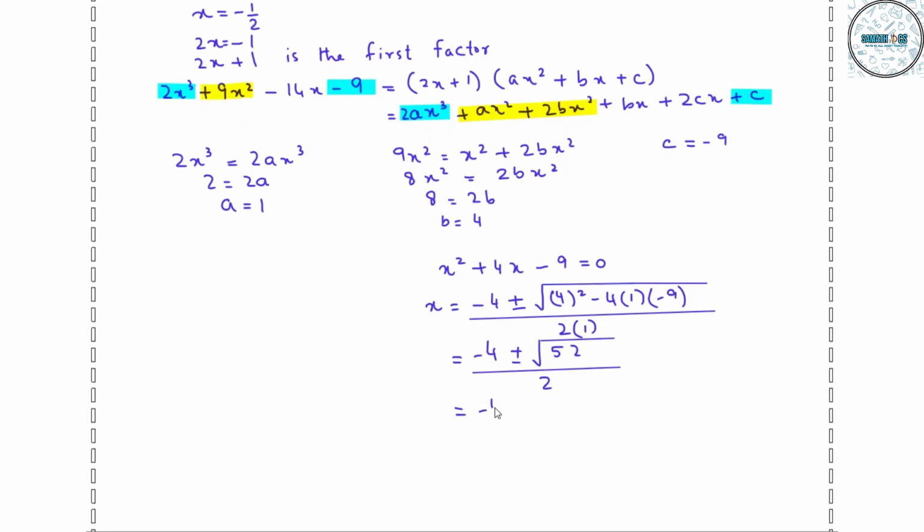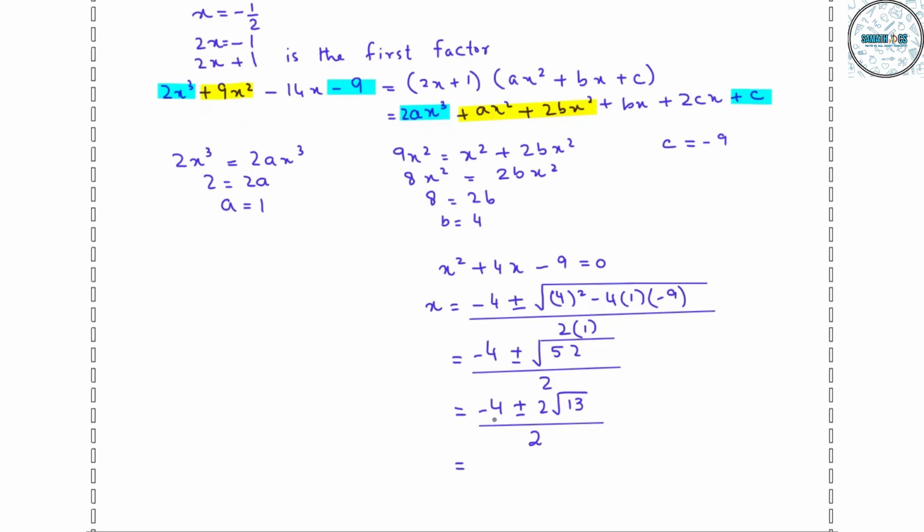So root 52 can be written as 13 into 4 and square root of 4 is 2. So we can write it as 2 under root 13, divided by 2.